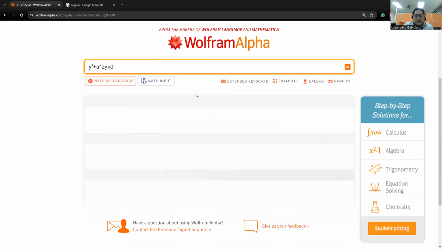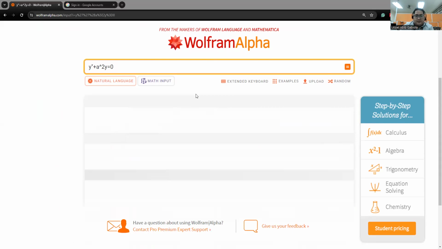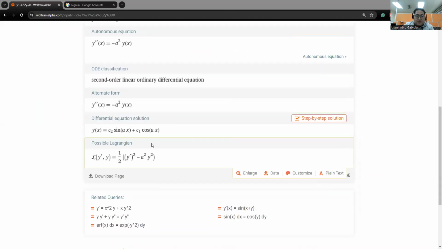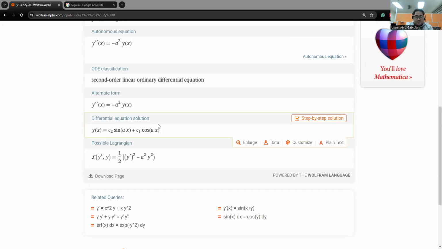Ayan. So nakalagay dito, the differential equation solution for that equation is y(x) is equals to C2 sine of alpha x plus C1 cosine of alpha x. Okay? So, yan daw yung equation na kailangan natin.